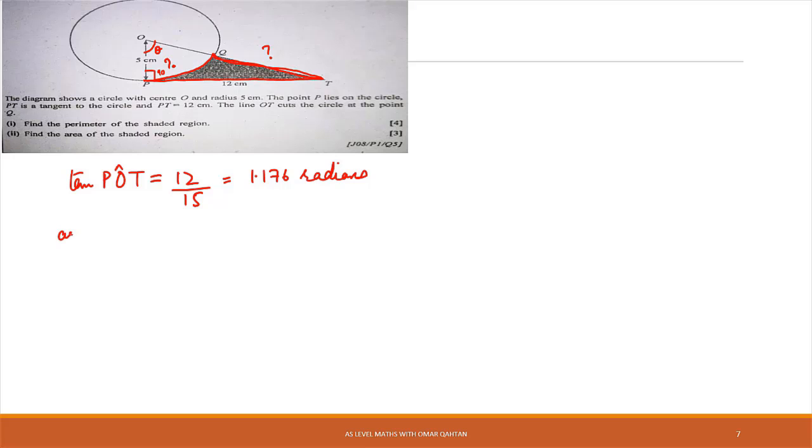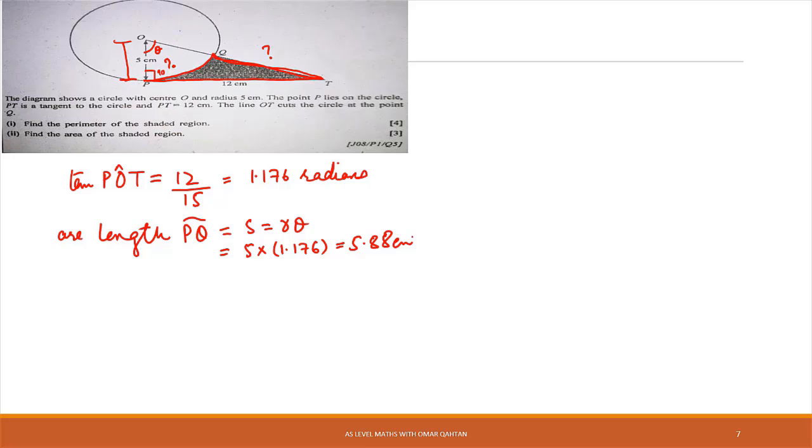So the arc length PQ, we know the formula for arc length is s equals r theta. So r is 5 from here, because this is the radius, that is 5, and the theta that we just found is 1.176. It will be 5.88 centimeter.